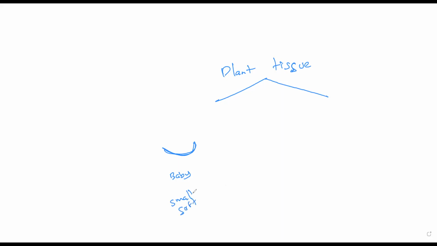Their hands, legs, everything will be very soft. You will like them, they are cute. Small, soft, and their skin color is most of the time light. Light means you can say a very fair baby. Very cute, very soft. So these are a baby's features.